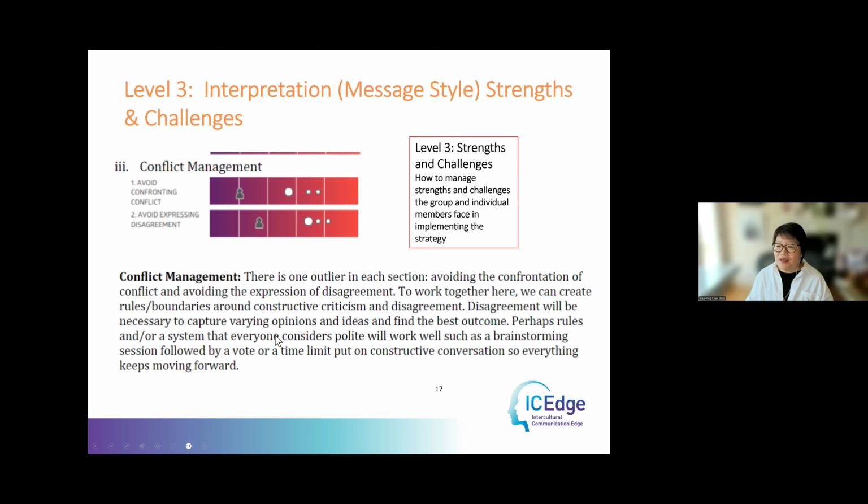And then digging deeper on the conflict management component, you see there are 2 items, right? One is confronting conflict, and the other one is avoiding expressing disagreement. So this person is pretty low on both, and other people have some kind of difference on the 2 items. Okay, so this is the level 3 analysis that they did themselves. There is 1 outlier in each section, avoiding the confrontation of conflict and avoiding the expression of disagreement.